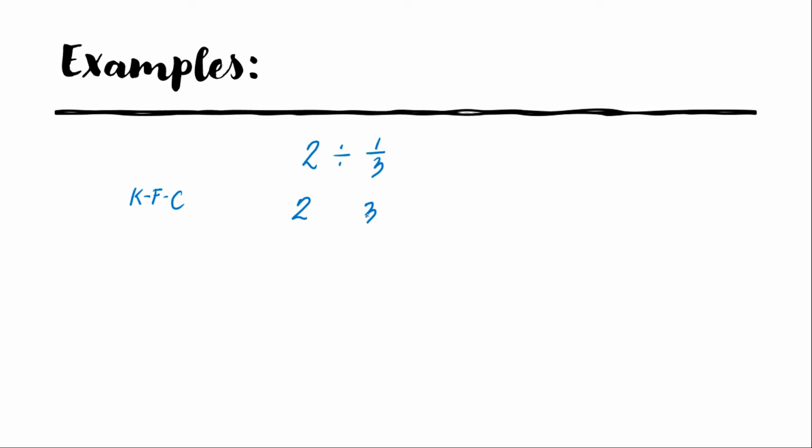C for changing the operation from division to multiplication. This becomes 2 times 3, which is just 6. So therefore, 2 divided by 1/3 is equal to 6.